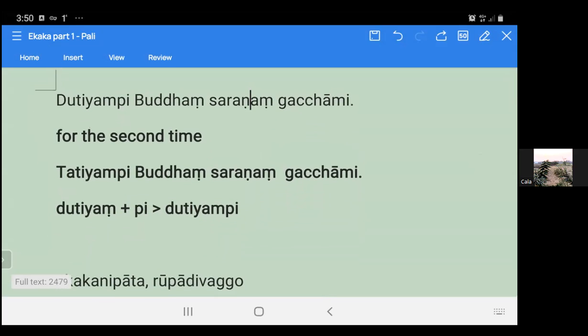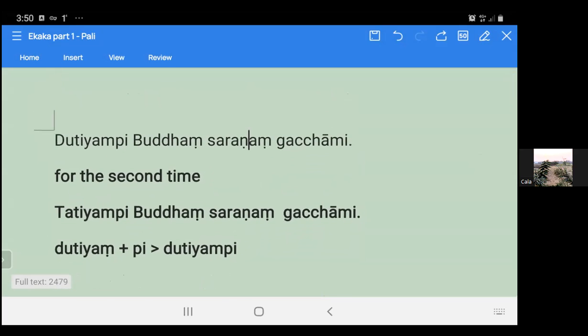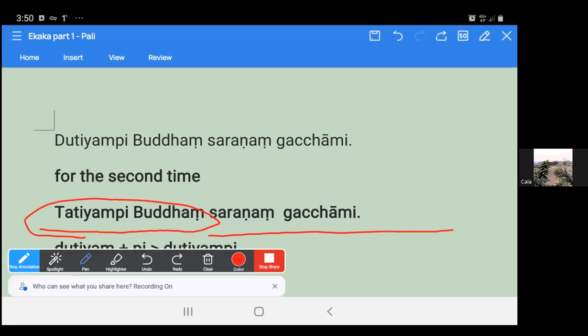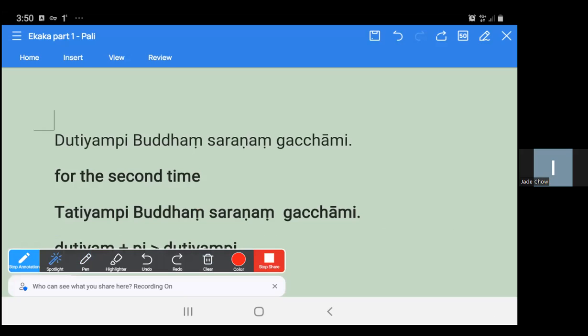So now Dutiyampi. Okay, we recite the first one. Everybody follow me. Buddham saranam gacchami. Okay. Dutiyampi. Buddham saranam gacchami.